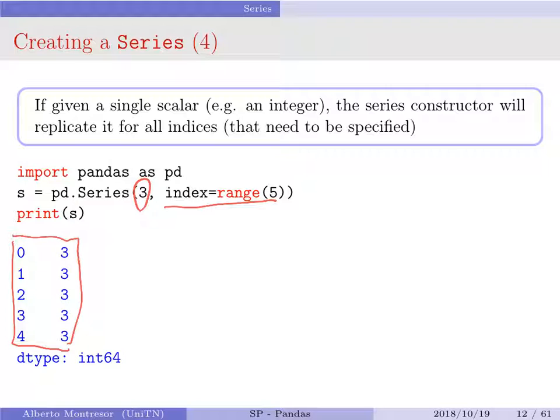And this could be useful because later we'll see, for example, how to sum series together, multiply series together. There are several operations that you can do, and this means that you can specify series which have a very specific content.